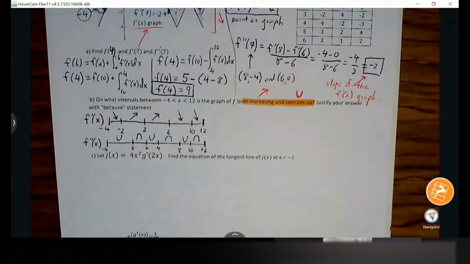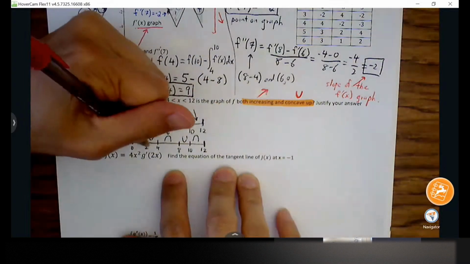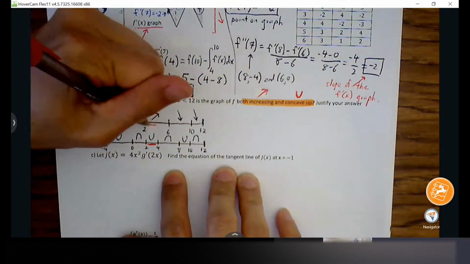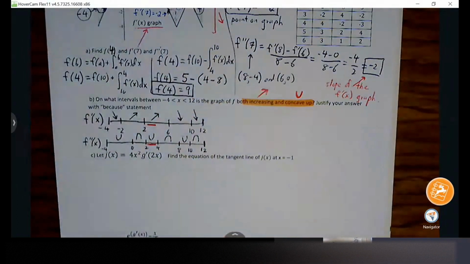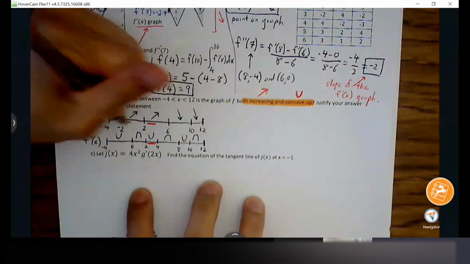So where do we see both of those lined up nicely here? On an interval like 2 to 4. Yep, 2 to 4. Anywhere else? Wait, -2 to 0. Okay, there we go. I think that's it, right?